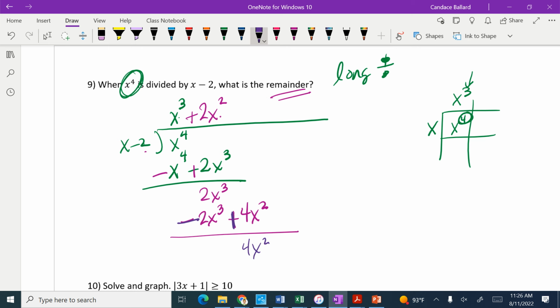So I want you to see if you can continue the process now until you get to something. We're going to get it down to just a number.